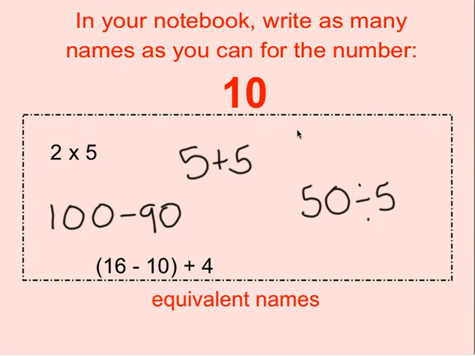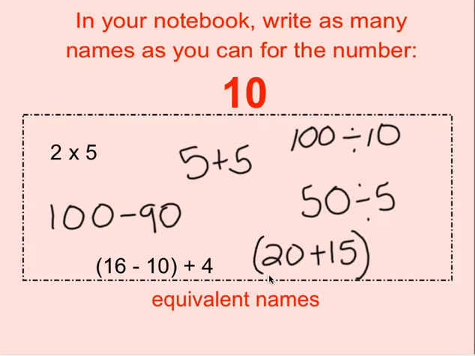We could do 100 divided by 10 is 10, or we could do 20 plus 15 and get to 35 and then subtract 25 and you would have an answer of 10.